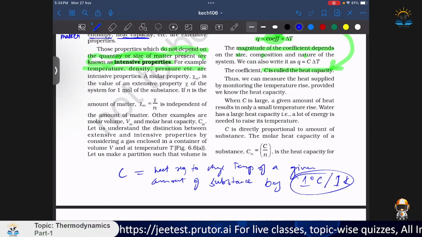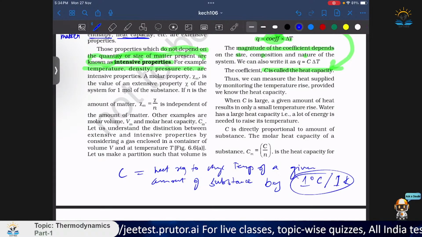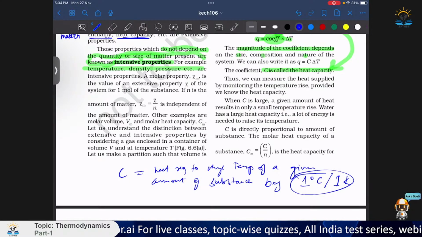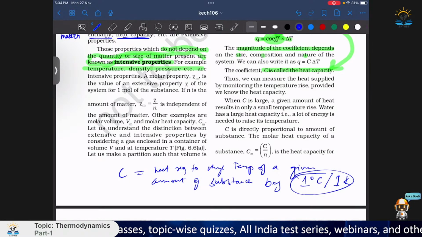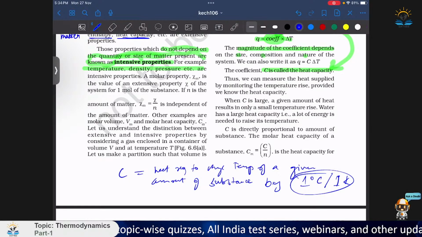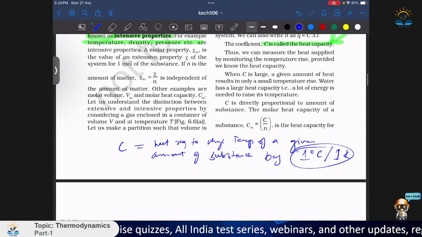Suppose you have a tumbler of water and you want to increase its temperature by 1 degree Celsius. The amount of heat that you give the tumbler of water for increasing its temperature by 1 degree is the heat capacity of that tumbler.